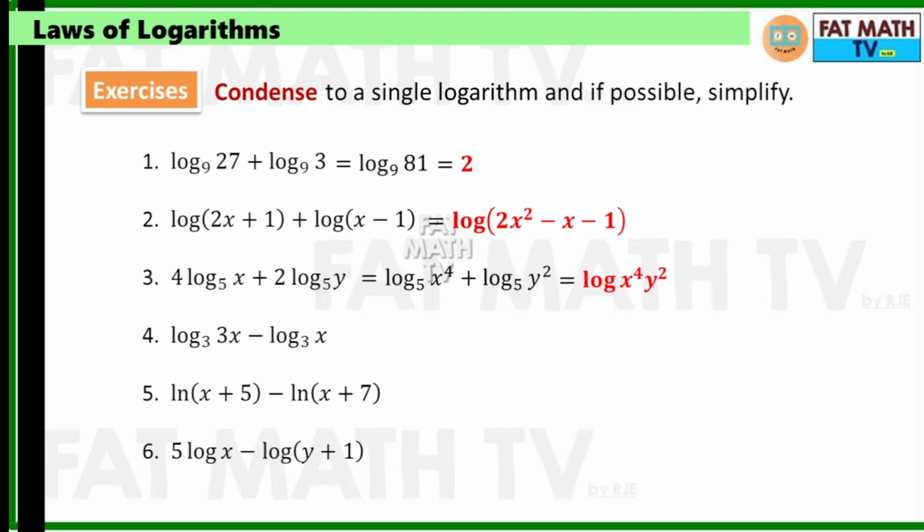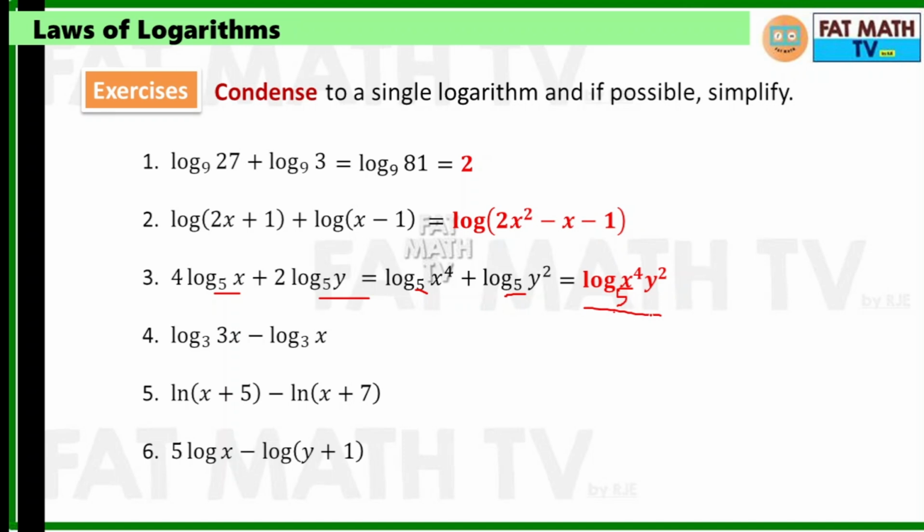So that is logarithm of x raised to 4 y squared to the base 5. Okay, don't forget your base 5 here, because they're both with base 5. So the answer should also be to the base 5.